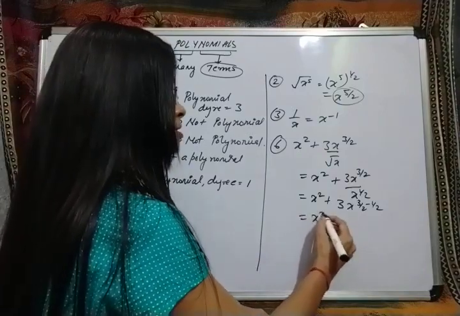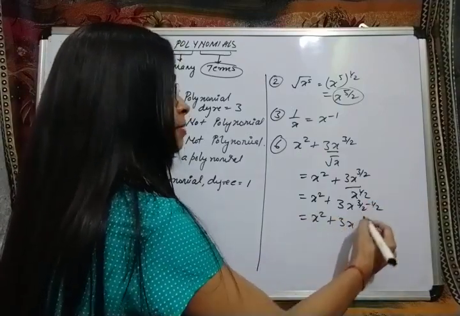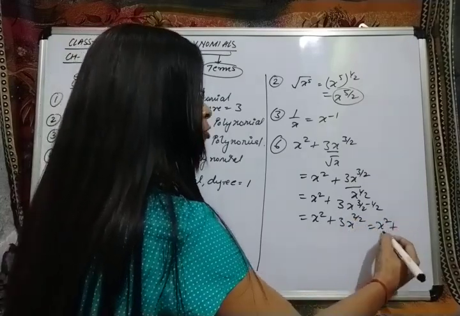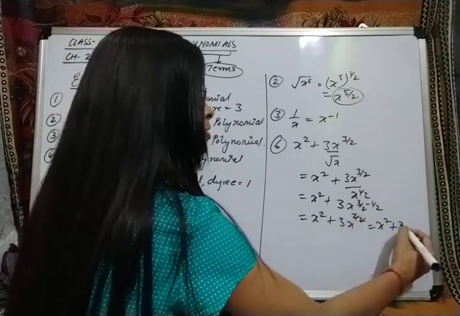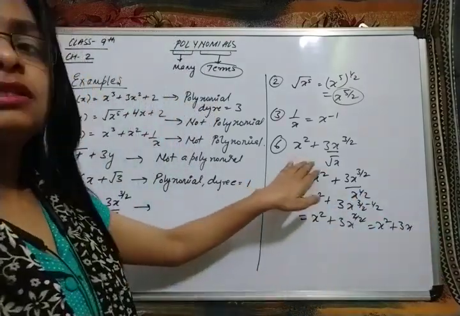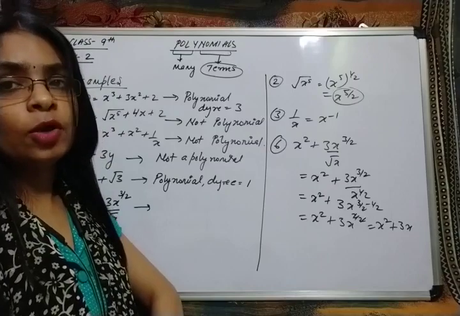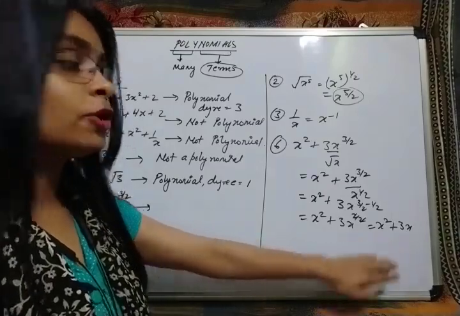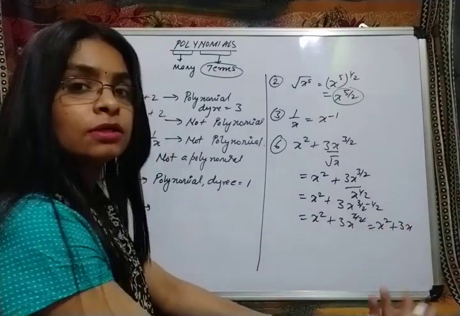So this will be x square plus 3x to the power 2 by 2, which is x square plus 3x to the power 1, that is 3x. When we were seeing this, it looked like it was not a polynomial. But when we simplified, we got to know that it is a polynomial, because the power of the variable is a whole number.